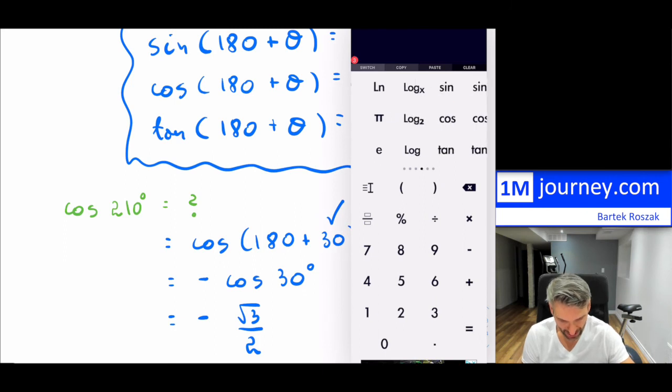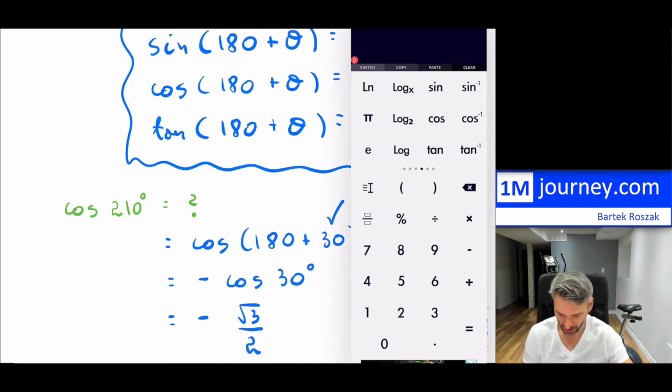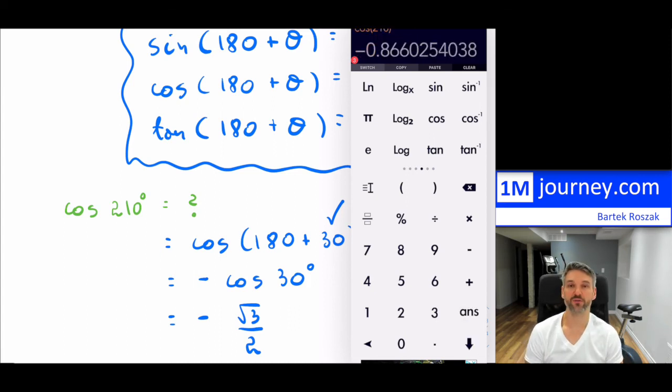So if I go back here, let's say I'm going to just show you. So cos of 210, notice, first it's negative. Now, of course, this doesn't give you a ratio, it actually gives you a decimal number, right? But it is negative, and it's 0.86666.